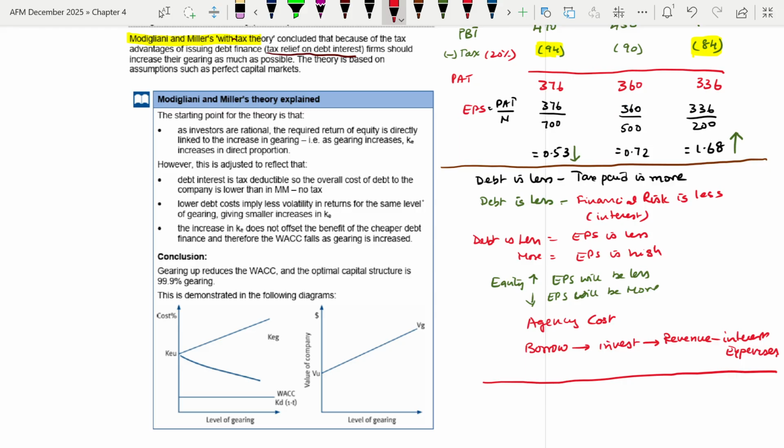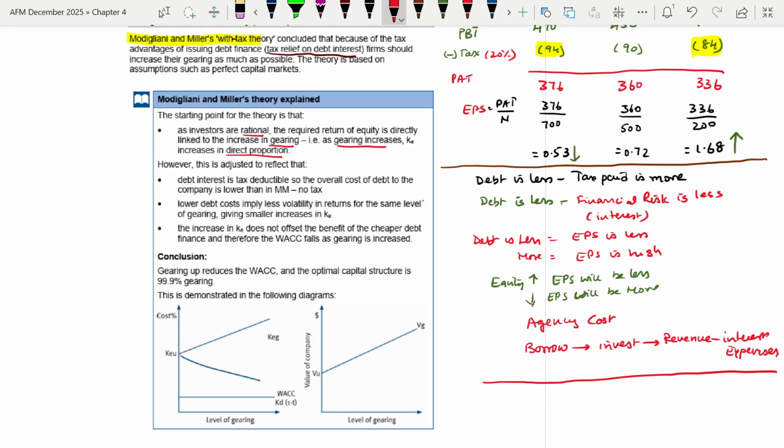Now, when we do the Modigliani-Miller theory, the starting point for the theory is that the investors are rational and balanced. The required return on equity is directly linked to the increase in gearing. Gearing increases, cost of equity increases.